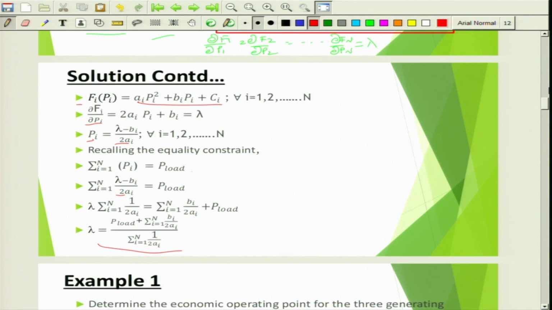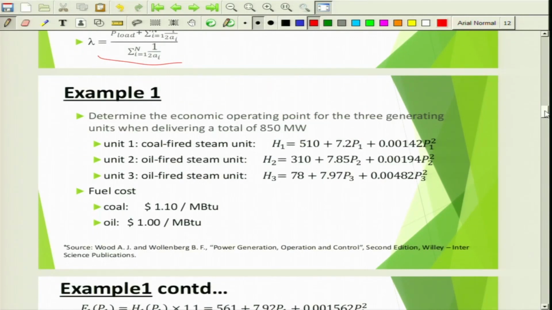Now we will take a problem to help understand this Lagrangian multiplier based economic dispatch approach. The question is to determine the economic operating point for the 3 generating units when delivering a total load of 850 megawatt. The heat characteristic function of each coal fired steam unit is given, and they have their own unique A, B, C coefficients.